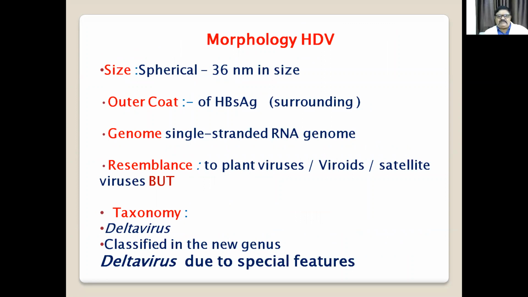Only hepatitis B surface antigen gives a protective coat for the hepatitis D virus. Single-stranded RNA is present and resembles plant viruses or viroid satellite viruses, but taxonomically it is classified in the new genus Deltavirus due to special features.